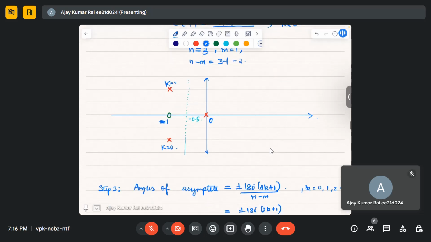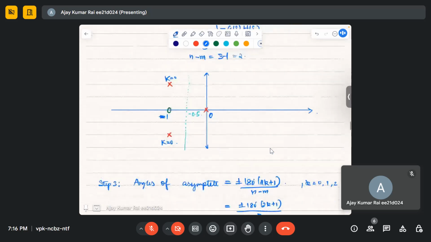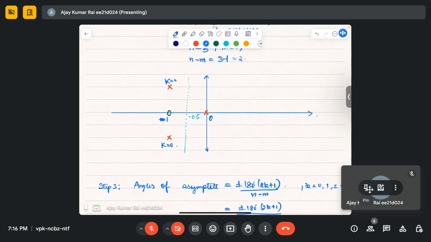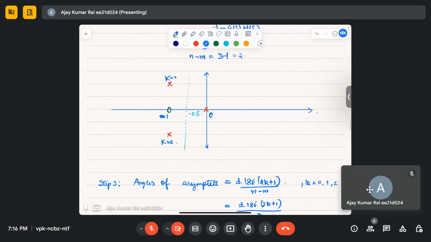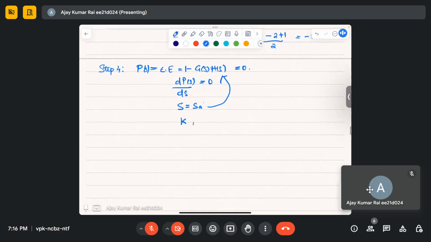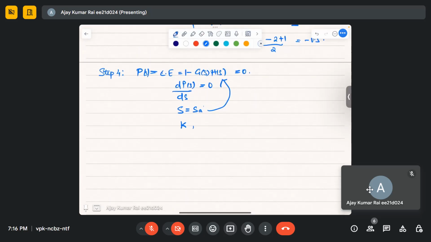Okay, so it will not have any breakaway or break-in point here. Okay, breakaway point does not exist, but I was talking about the break-in point. So the break-in point does not exist here. Okay, so what will happen is you'll have two asymptotes. Okay, let me first also calculate the angle of departure. Okay, you'll get k to be greater than 0 if you calculate this. So I'm saying the break-in point does not exist.